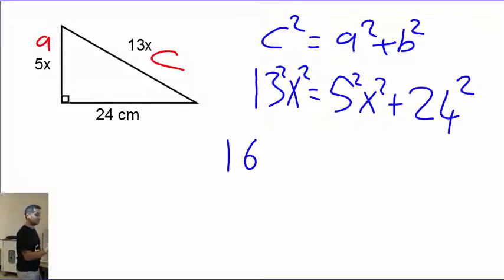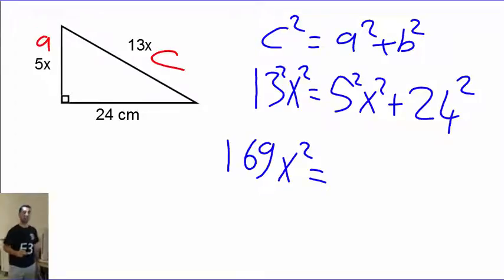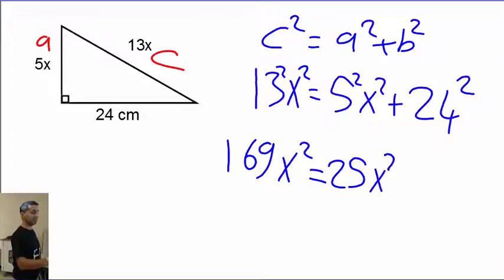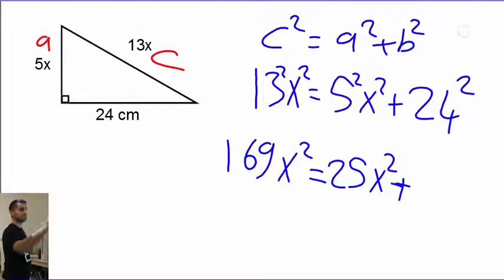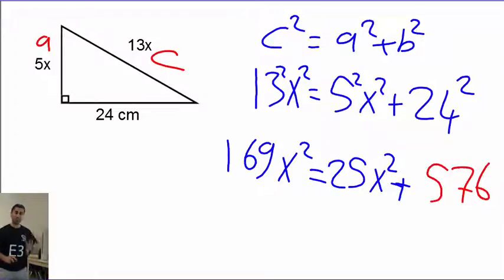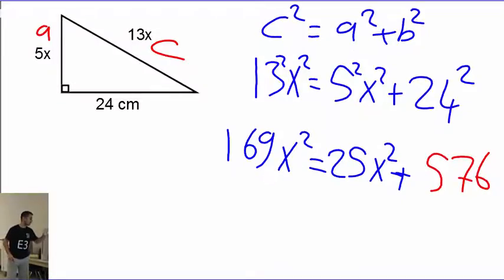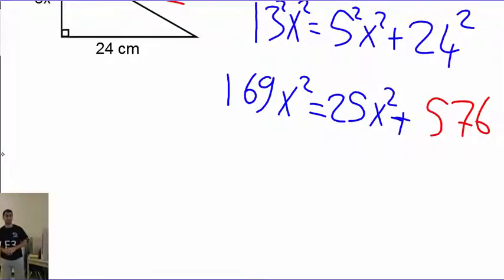It's 169x square equals, what is 5 square? 5 square means 25. We still have x square here. What is 24 square? Let's calculate that. 24 square is 576. I won't be solving this question, but I'd like to talk about the way to do this.